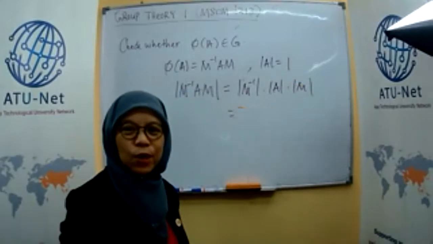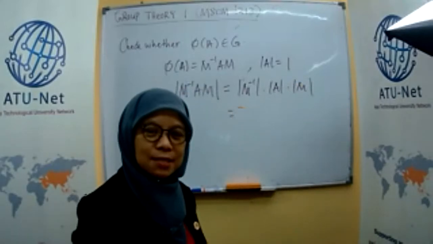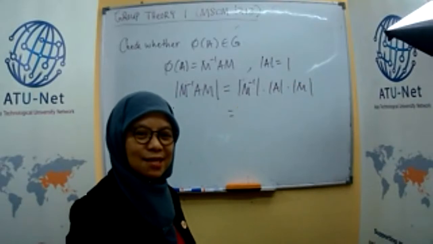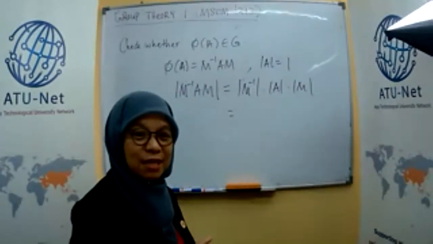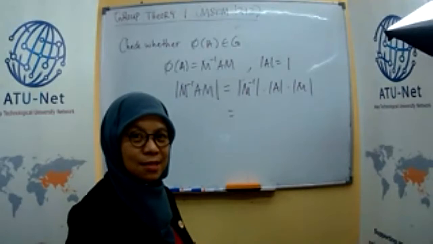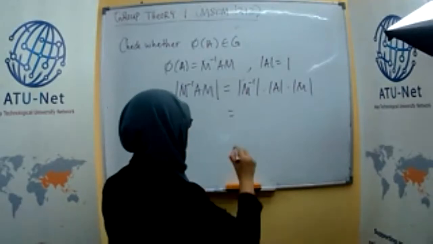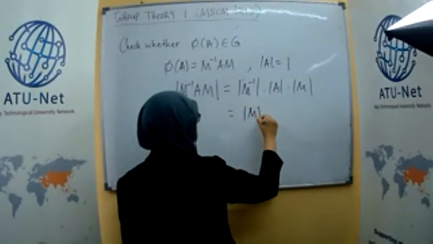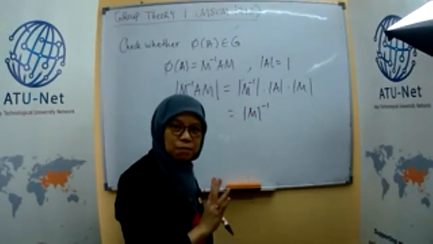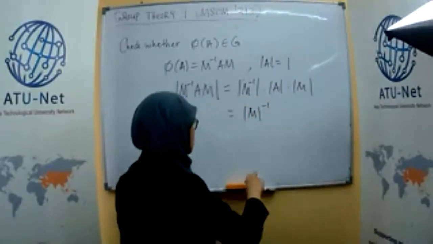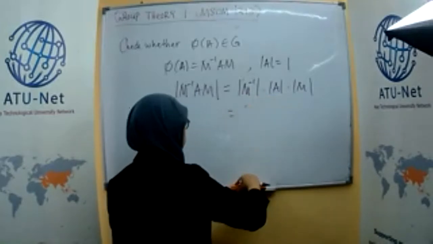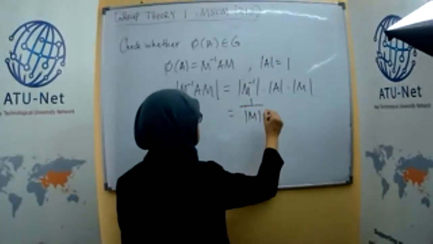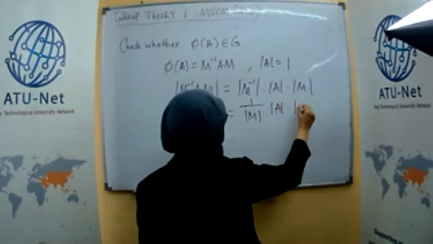What is the determinant of an inverse of a matrix? One over the determinant. Yeah. So this now becomes a number, which, from linear algebra, is this. And what do you get?